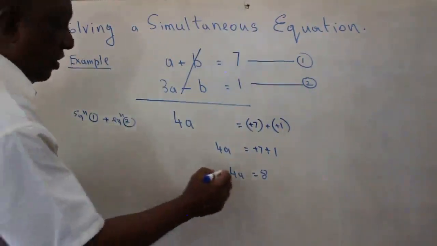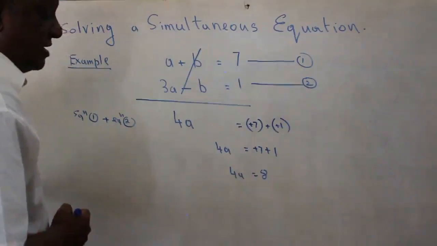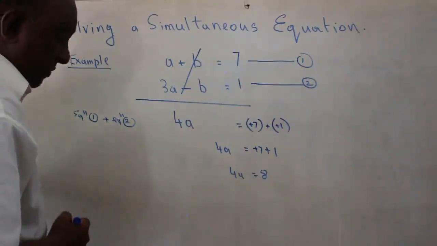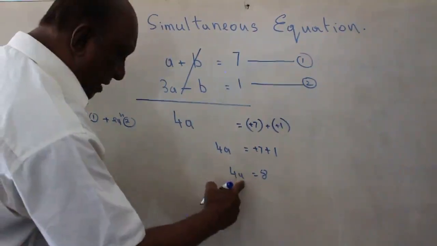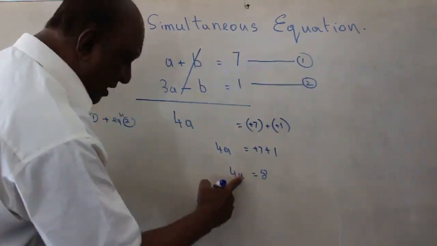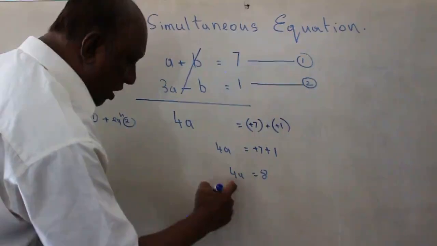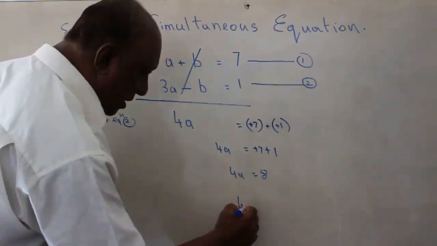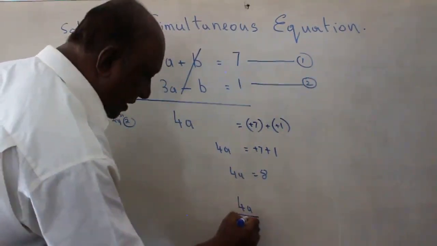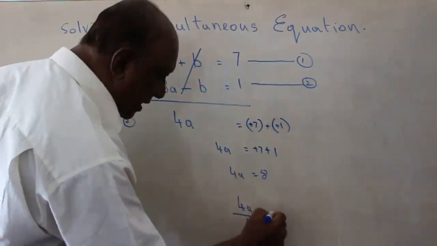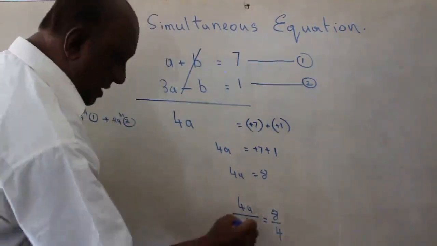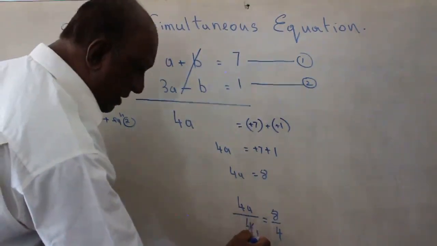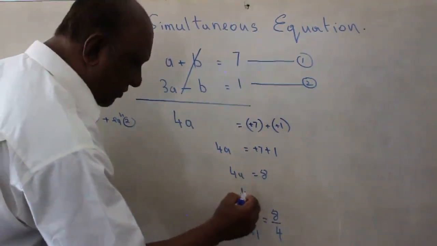Now you have to solve this simple equation, which you should know how to do. You have to find a. If you want to find a, you have to get rid of 4. How do you get rid of 4? You will be knowing this. 8 and 4. It is simplify. 4 times a over 4 times 1.